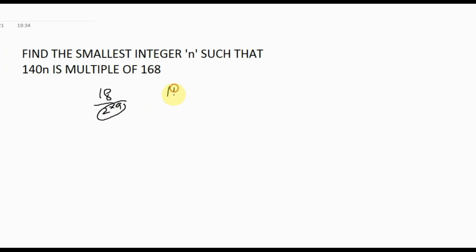Similarly, 140n divided by 168. So it should be divisible. What is the 140? 140 means we can do prime factorization, 2 becomes 70. Again 2 becomes 35.